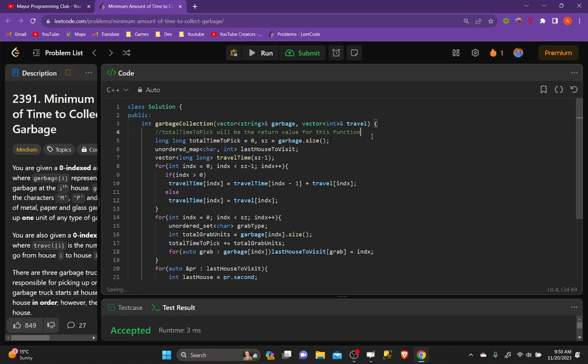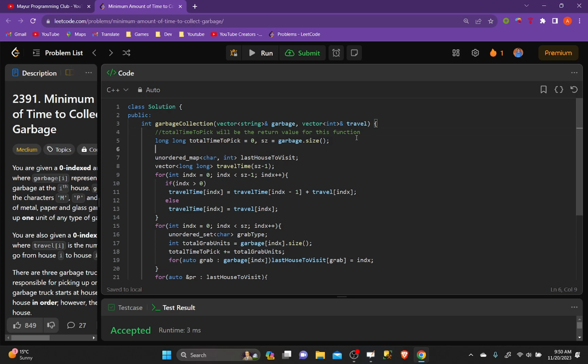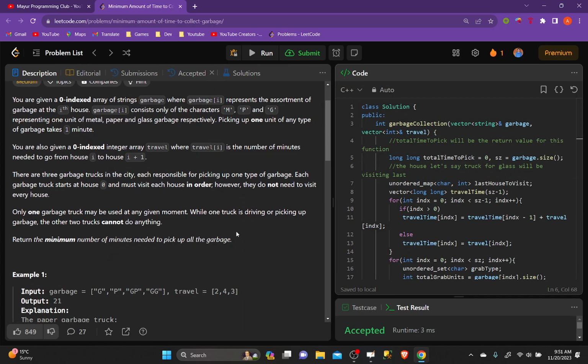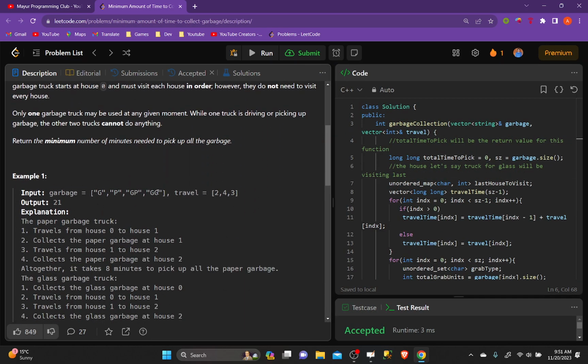And last house to visit will be, let's say, the house the truck for glass will be visiting last. For example, if you see here, what is the last house that the glass truck is visiting?